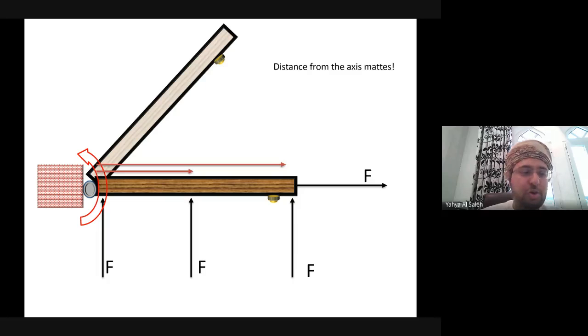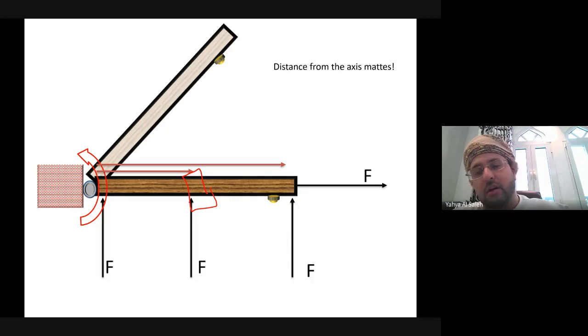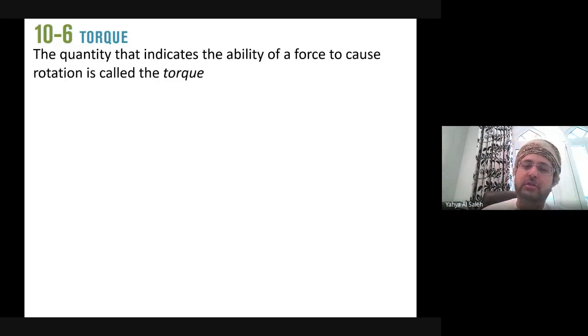Okay, there's also a reason if you watch movies, of banks, for example, a bank heist or something, you will see that very high security doors for panic rooms or for banks or whatever would usually have locks here and here also, not only lock at the end. Okay, because distance from the axis matters.